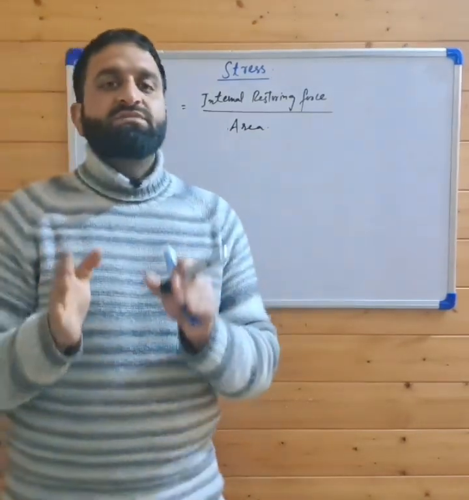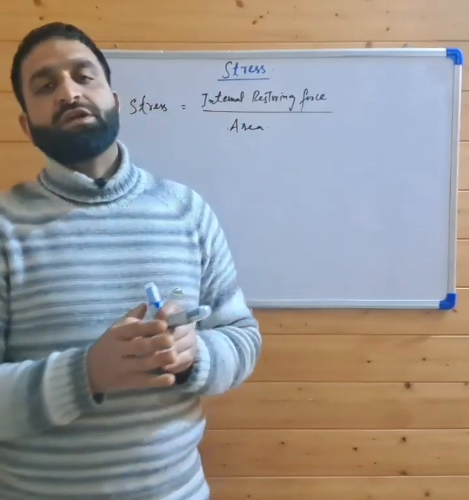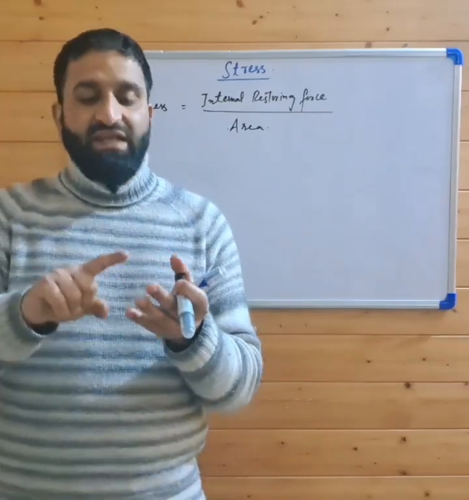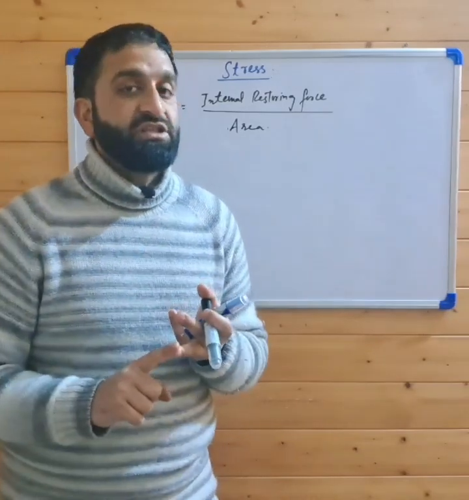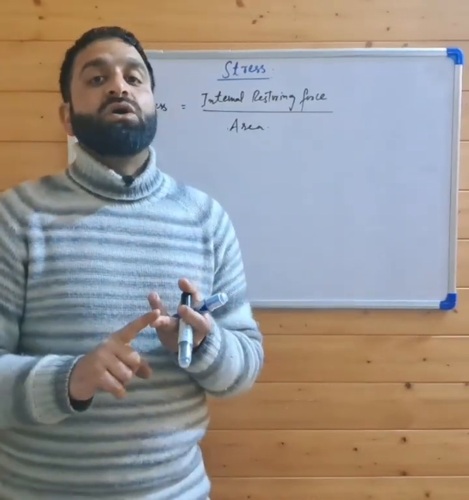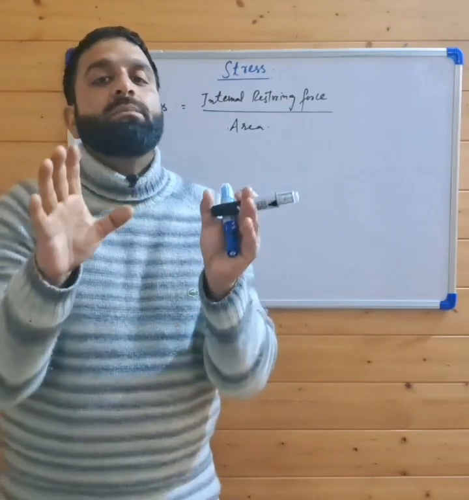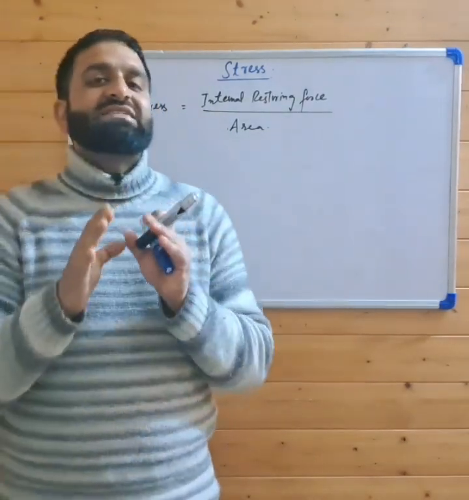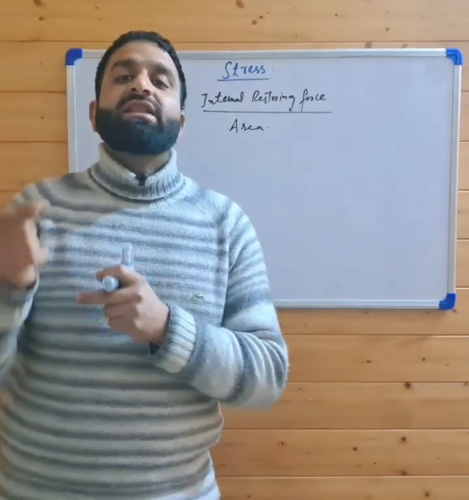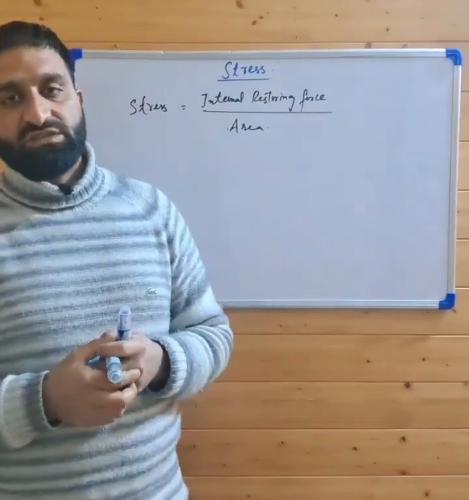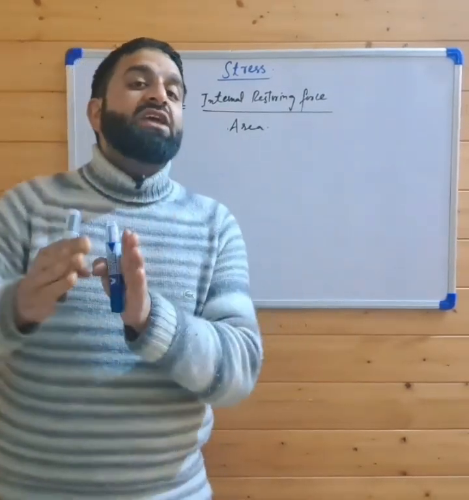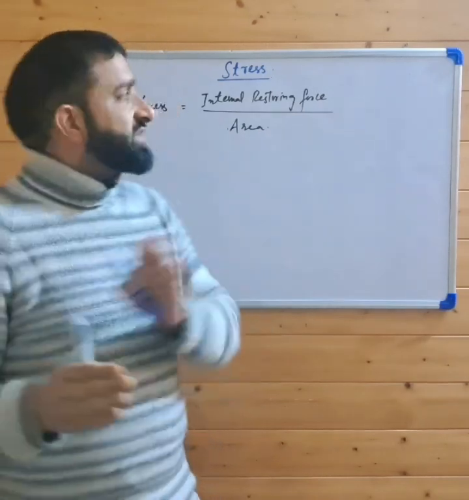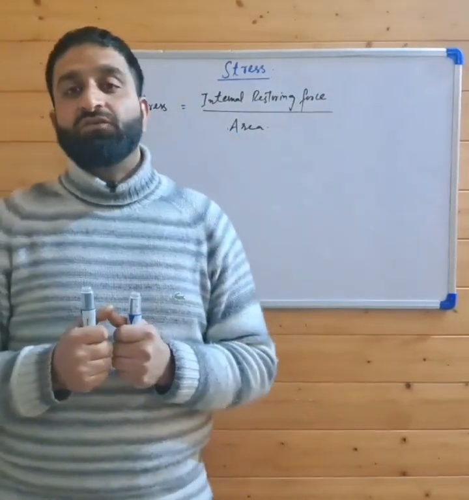If the body comes back to its original configuration, that means in case there is no permanent deformation or in case of no plastic behavior, this internal restoring force is exactly opposite to the external deforming force. In that case, we can equate the external deforming force and the internal restoring force.